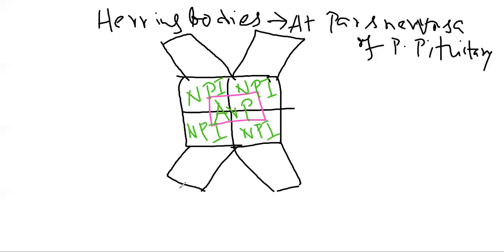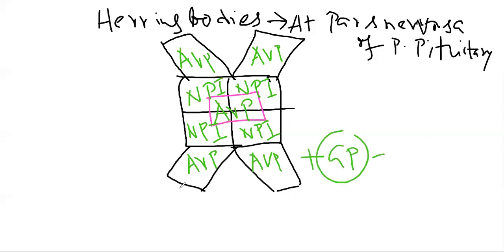These are the 4 tetrameric subunits, and 5 polymers are there on the outer side. So AVP denotes the vasopressin or ADH prohormone. They are present along with the glycoprotein subunits.